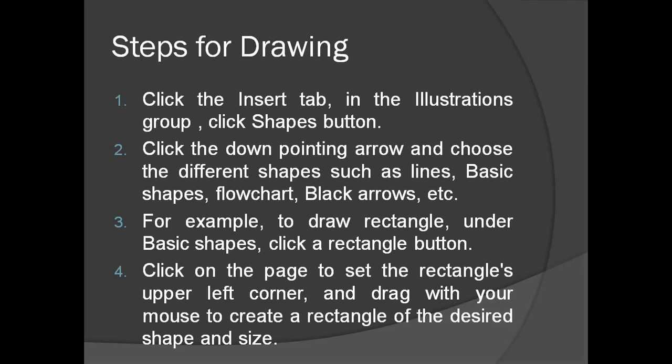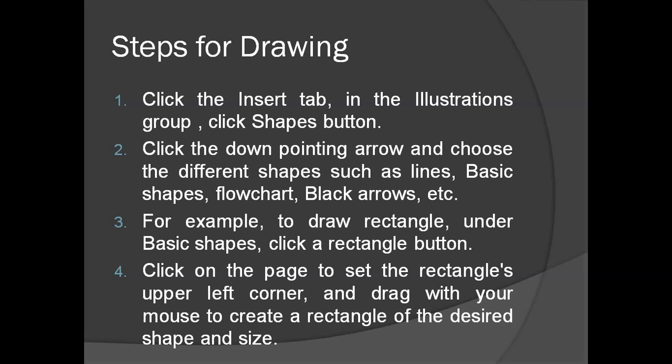Click the down pointing arrow and choose different shapes such as line, basic shapes, flowchart, block arrows, etc. Step 3. For example, to draw a rectangle under basic shapes, click the rectangle button.